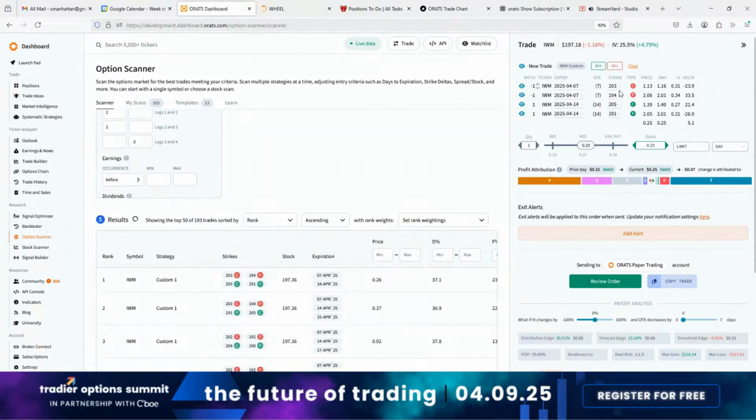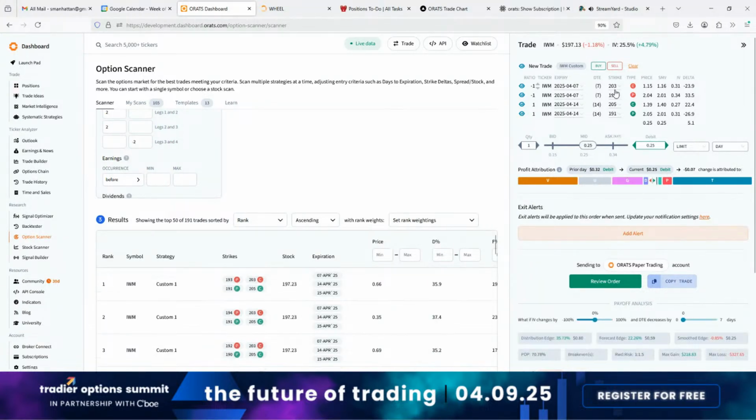So if it goes way up, I know I'm going to lose. If it goes to 210, the 205s and 203s are going to be 100 delta basically. Since we're short the lower strike, we're going to lose the difference, the $200. And we're not getting credit. So we're paying. So we lose $200 plus the $25.